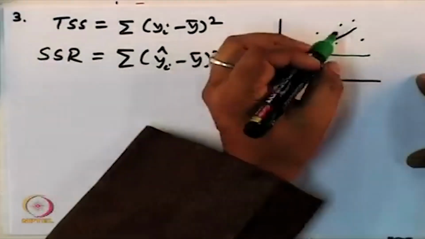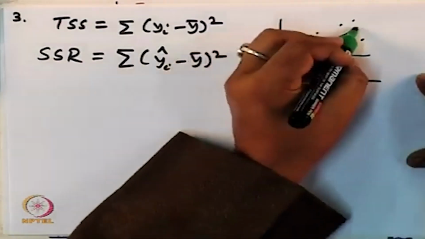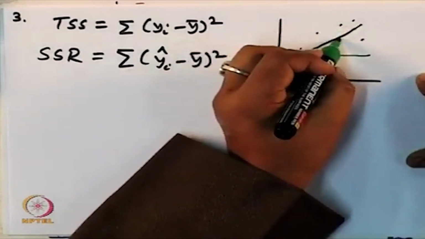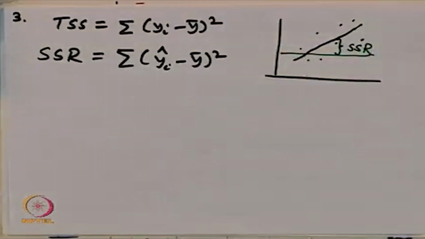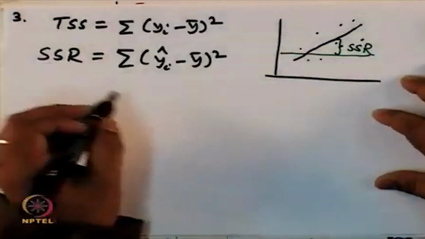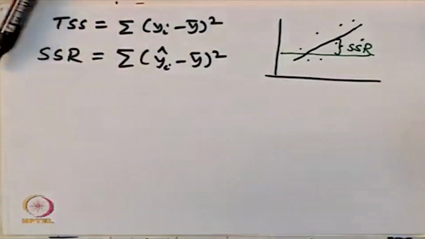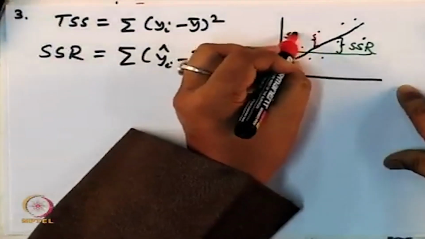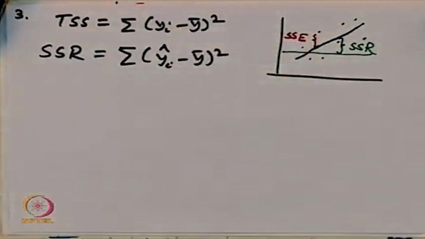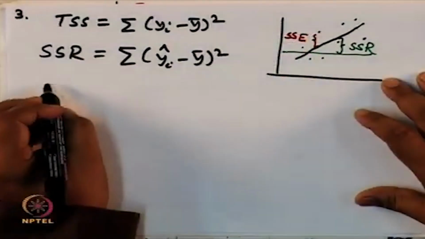At every point this difference, the sum of that is SSR, and SSE is this deviation from the line.